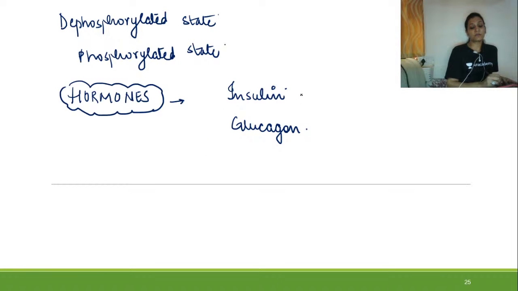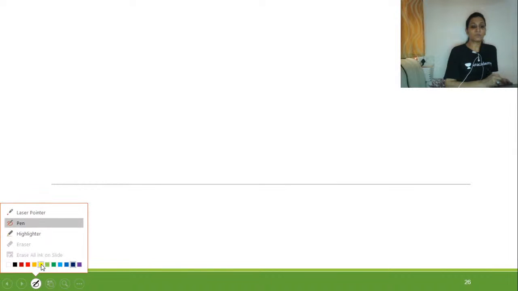Epinephrine is also important, but the two hormones we are going to discuss are insulin and glucagon. Starting from insulin.